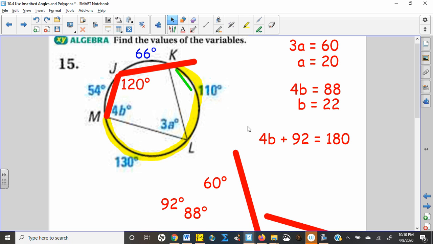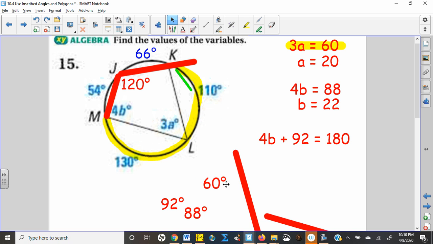So it's going to do 120. Suddenly we have a relationship. 3A plus 120 equals 180 degrees, or you could get the supplement of 120 right off the bat. And here is your equation. Okay, so these aren't that bad. You just have to look until you find the inscribed angle arc relationship, which you know.